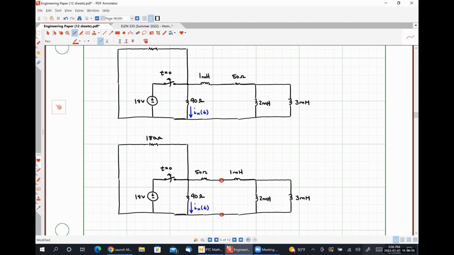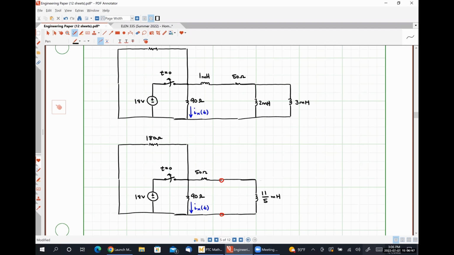Okay. So let's replace this whole thing here with an 11/5 millihenry inductance.